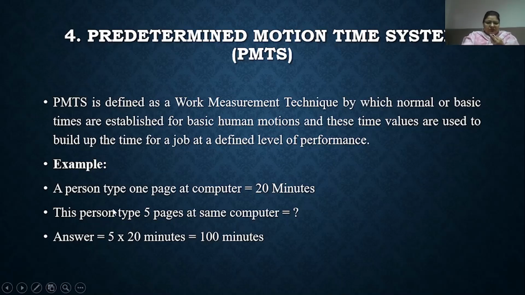We can take the example of a person typing one page on a computer. We know that he can type a page in 20 minutes. So for 5 pages, he will take 100 minutes. So we will allot 100 minutes to a person to complete the task.